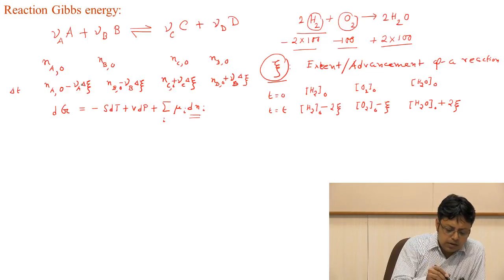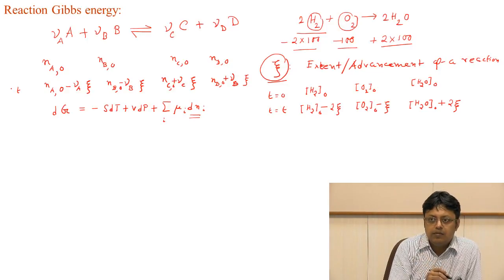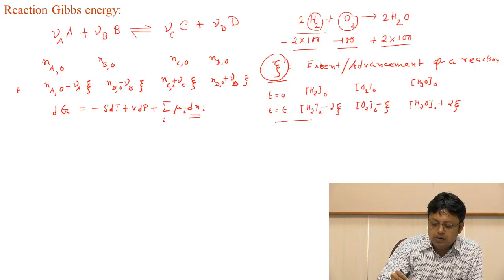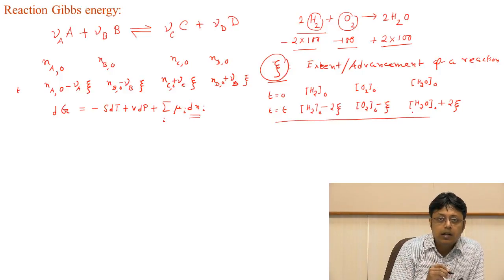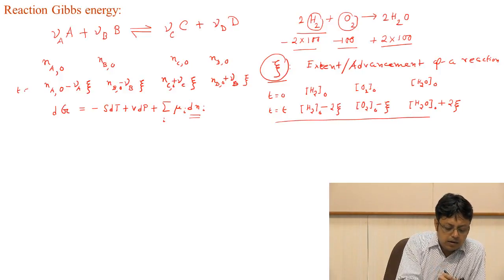Instead of the delta notation, we can just say that at time t we had xi advancement, just like we did in the example of water, and then we can differentiate.